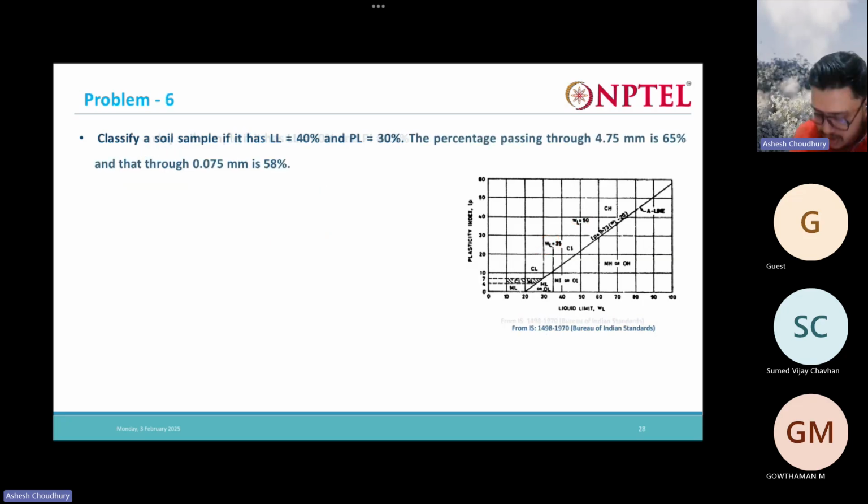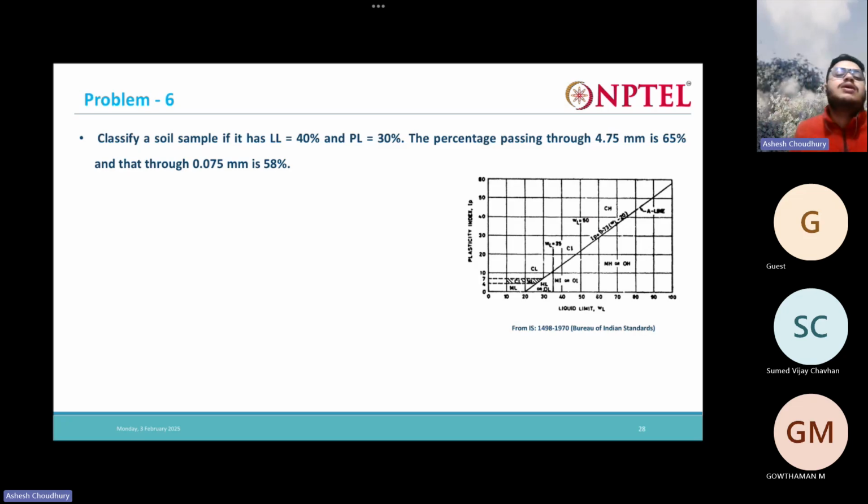Okay, now let us come to the next question. Classify a soil sample if it has a liquid limit of 40%, plastic limit of 30%. The percentage passing through 4.75 mm is 65%, and that through 0.075 mm is 58%.